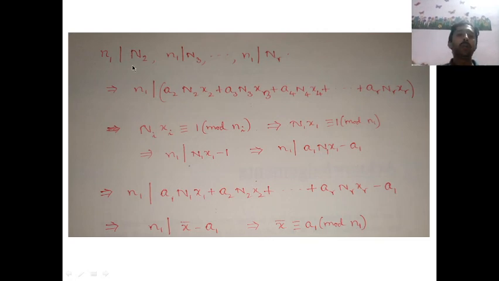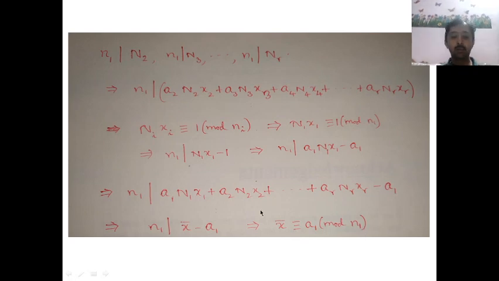Likewise, instead of taking n1 here, if we choose n2, then we can see that n2 divides capital N1, n2 divides capital N3, etc. n2 divides capital NR, and that ultimately gives us, following the same pattern, n2 divides X bar minus A2, which means that X bar is going to be congruent to A2 mod n2. Likewise, going this way, we see that X bar is congruent to every Ai mod ni.